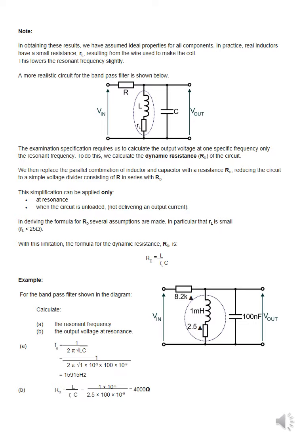Now then we have some questions. I'm removing this part about dynamic resistance for you, for this test at least. I need to find out from you whether you know anything about dynamic resistance or not.